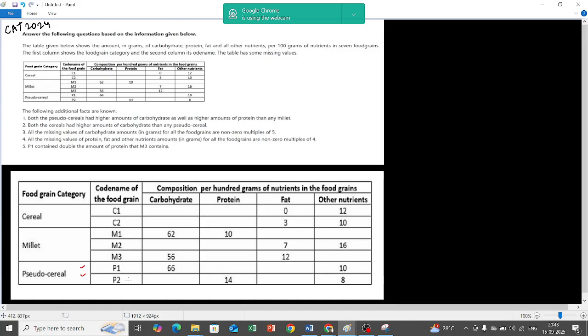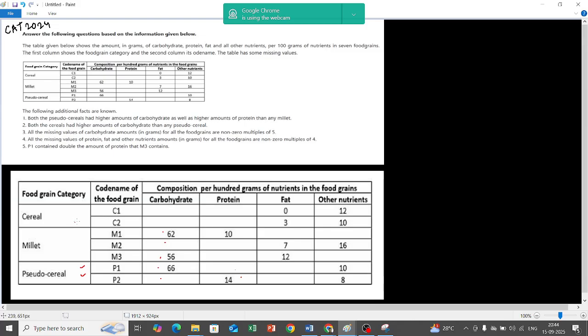So each of these P1 and P2 has higher amount of carbohydrates than any of the carbohydrates present in any of the millets. Each of these P1 and P2 has higher amount of protein than the protein present in any of the millets.